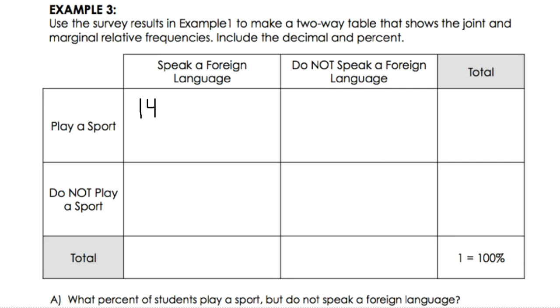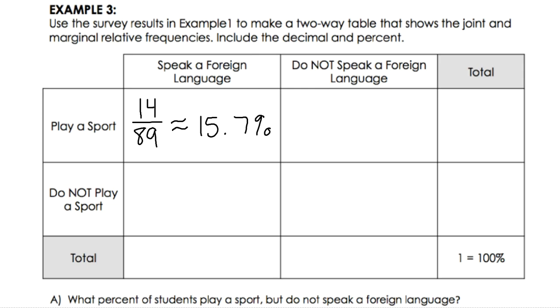To find the joint relative frequency, we divide that by the total number of students asked. In that survey, there were 89 total students from that Venn diagram. We divide those two things, and that comes out to about 15.7%. So we're just converting the raw 14 students to the percentage of students that answered that way.